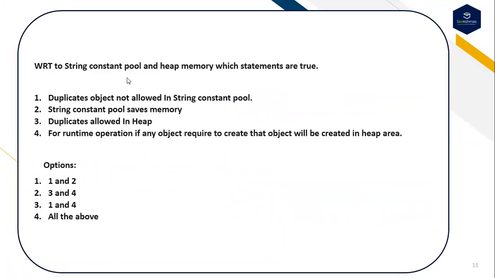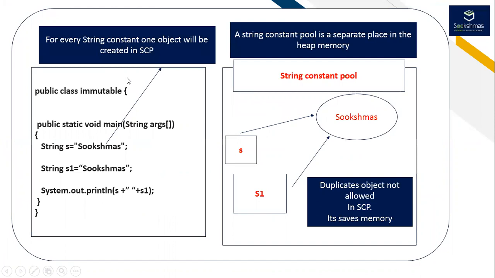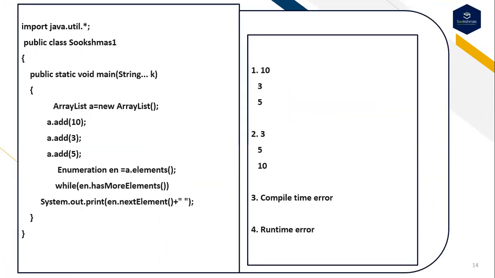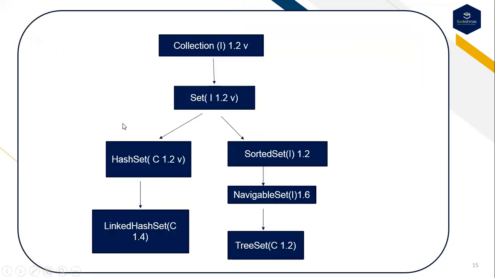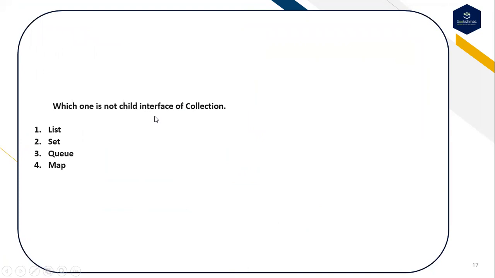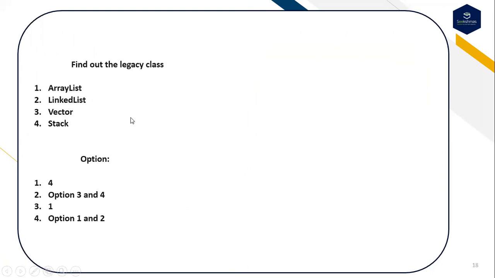The next question belongs to the string concept, and how to understand the string constant pool and the heap. The next question is about how to get an object for, like, Enumeration, how to get the reference. This belongs to the collection question, and this also belongs to the collection question, and this also belongs to the collection framework questions only. And this last one also belongs to the collection framework.